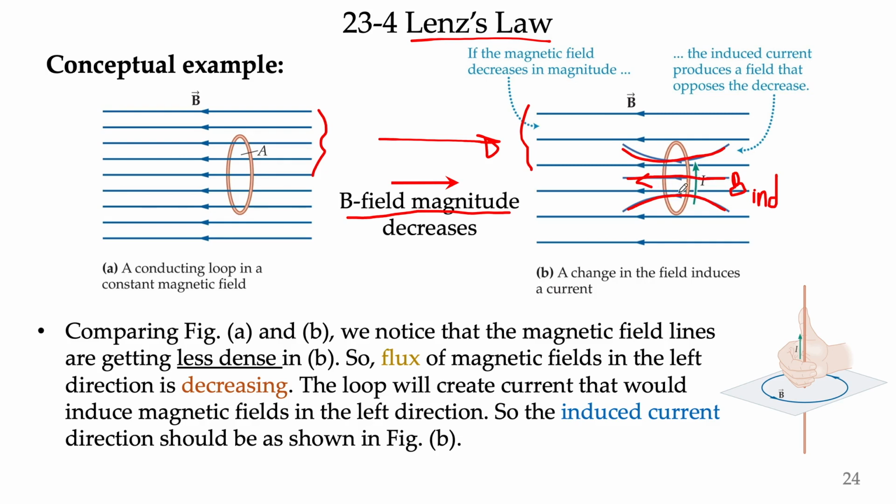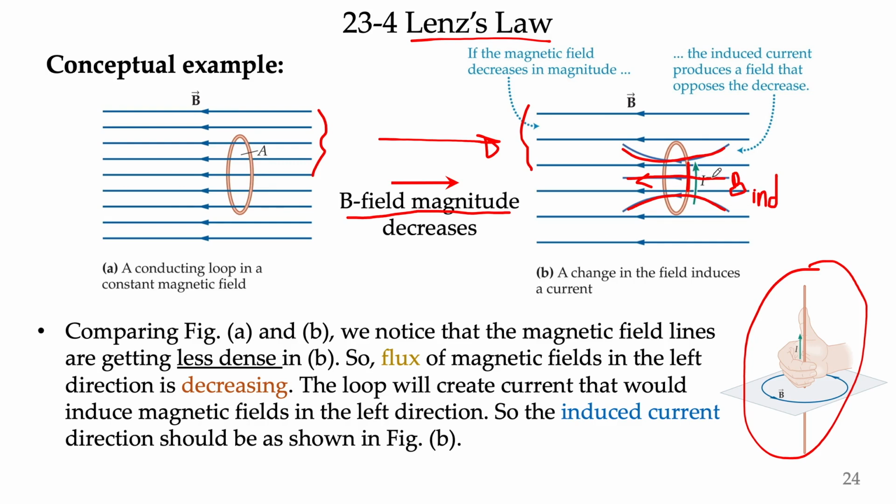So what should be the direction of the current so that I can get induced magnetic field lines to the left? Well, if you use the second right-hand rule, imagine, since you don't know the direction of the current, that you hold this part so that your thumb points down. In this case, your fingers inside would curl to the right.